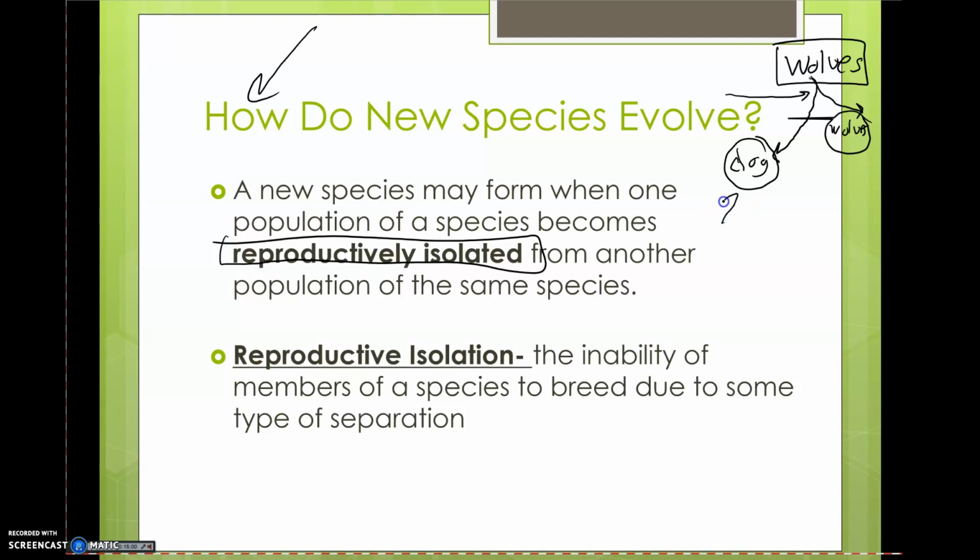In the case of dogs, it was artificial selection. We started breeding the dogs to maybe be better swimmers or faster runners or better hunters or companions or to hunt certain animals or whatever it was, and that's how we reproductively isolated them. These domesticated dogs, we don't let them go into the wild and mate with wolves anymore. So that's the reproductive isolation: humans stepped in and we reproductively isolated them.